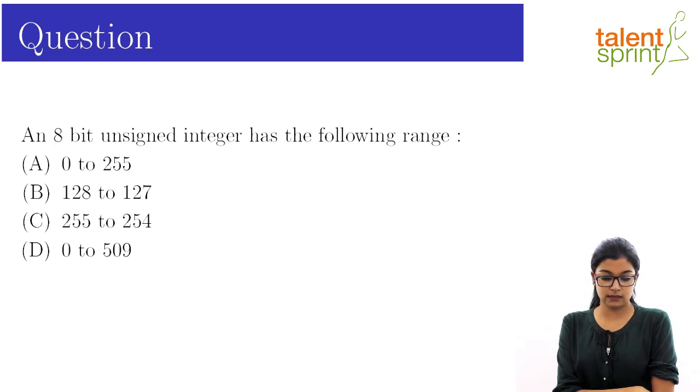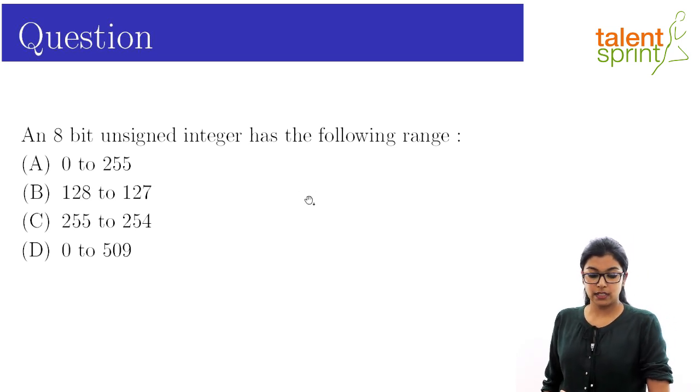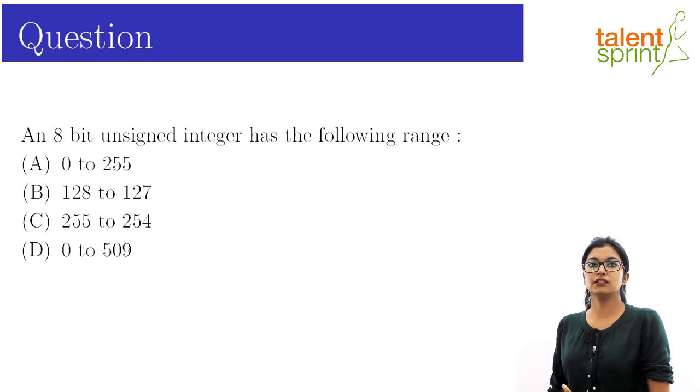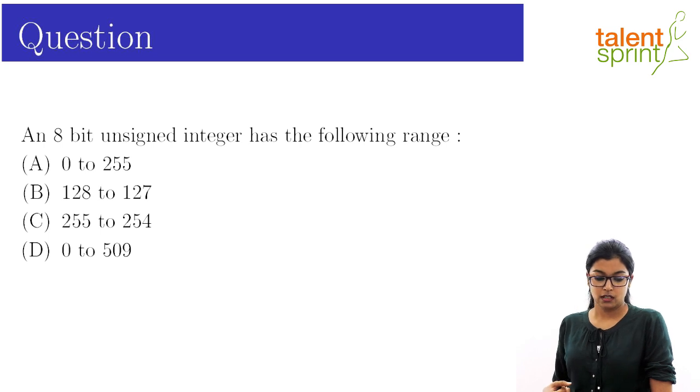What do you think is the answer? 8-bit means 2 to the power k different combinations, that is 2 to the power 8 different combinations, and for unsigned integers, we'll see 0 to 255.